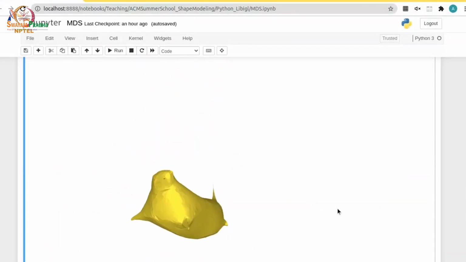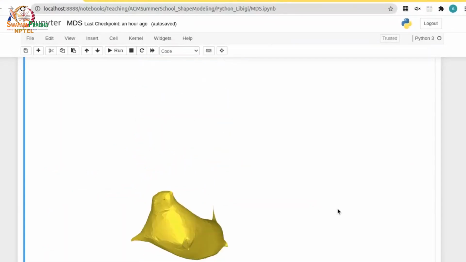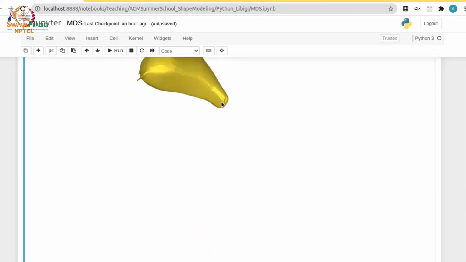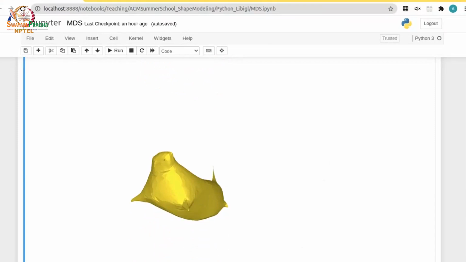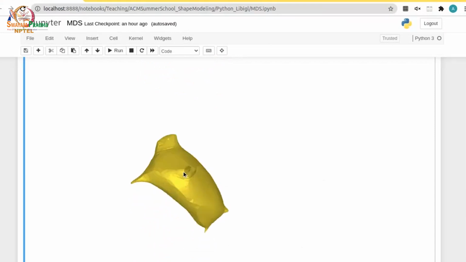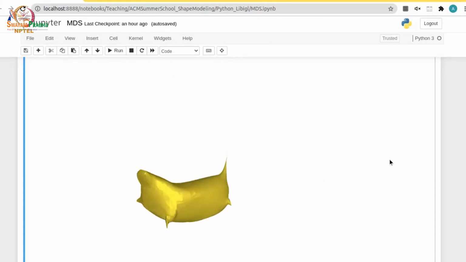Otherwise, you'll have to just look at both of these. While rigid alignment may now be possible, you can see that all vertices on the limbs and on the face are now collapsed into a very small region, and it's going to create a lot of issues. There is very little structure left. So the conclusion is yes, the SVD method does compute an MDS, but not necessarily the best one.